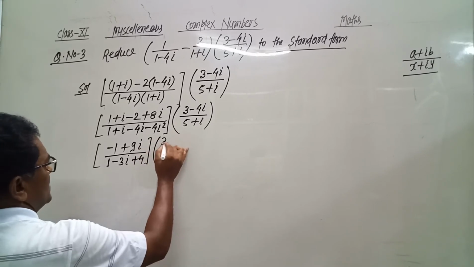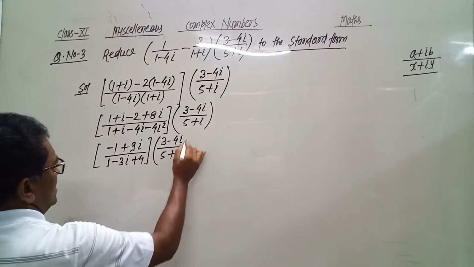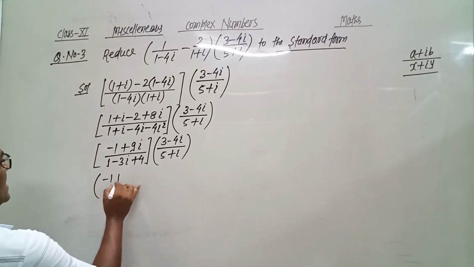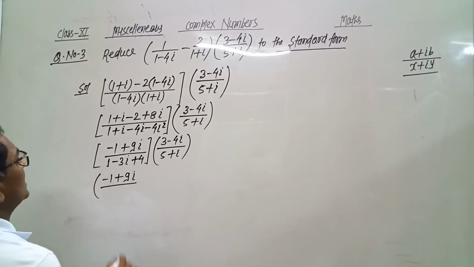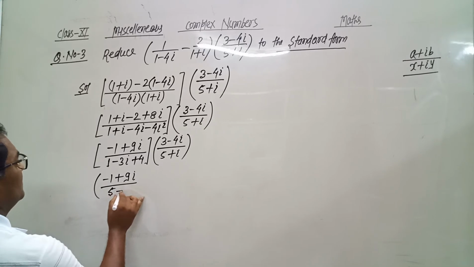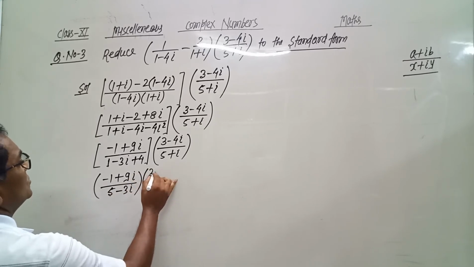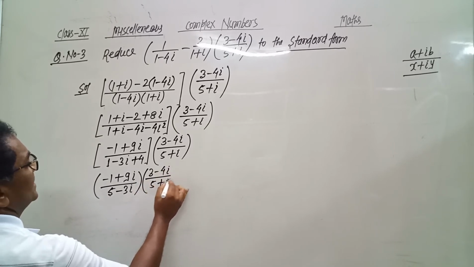Then 3 minus 4 iota upon 5 plus iota. And we get minus 1 plus 9 iota upon 1 plus 4, 5, minus 3 iota, into 3 minus 4 iota upon 5 plus iota.